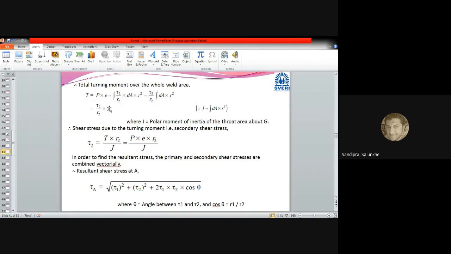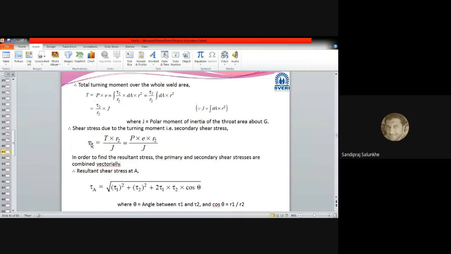Now when we consider the bending moment as well as the shear stress, the shear stress due to the turning moment is calculated as tau 2 equals M, the bending moment, into R2, the distance of the maximum shear stress where it is generated, divided by J. So from the equation we just derived, tau 2 is equal to M into R2 divided by J. That's how the maximum shear stress is calculated in that welded part.